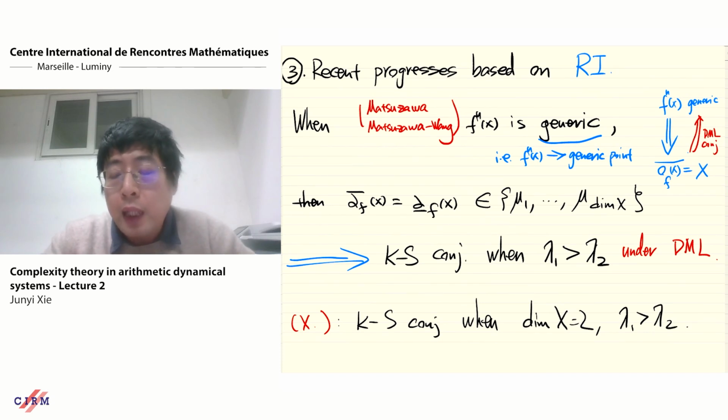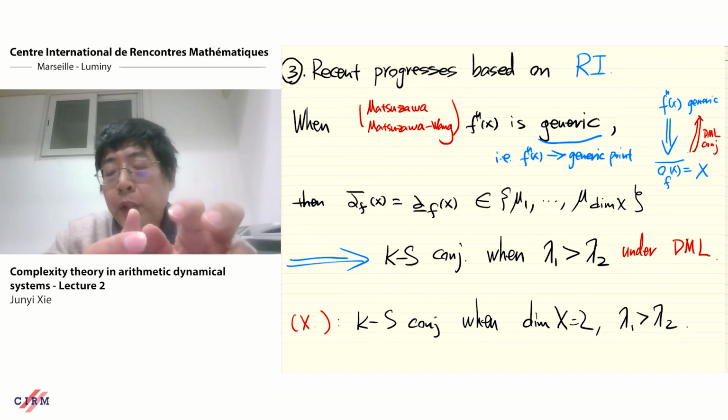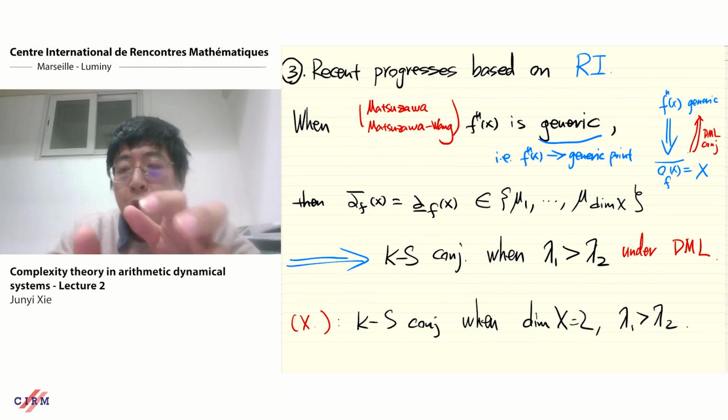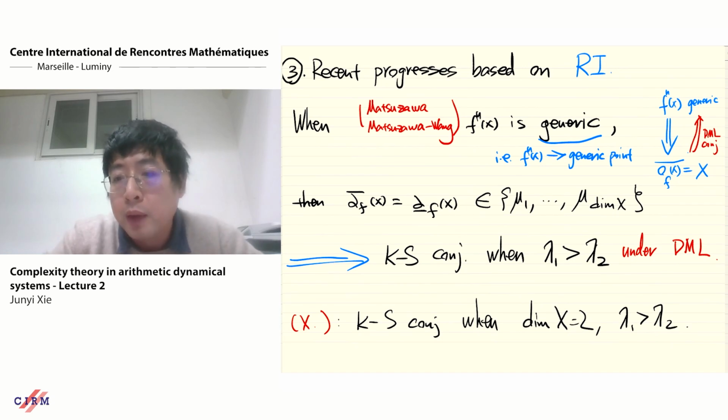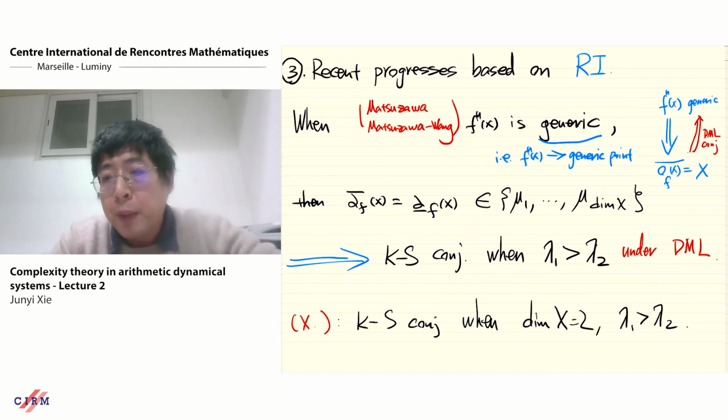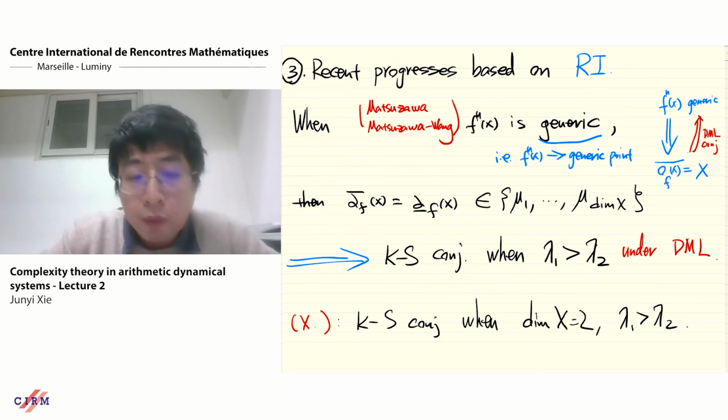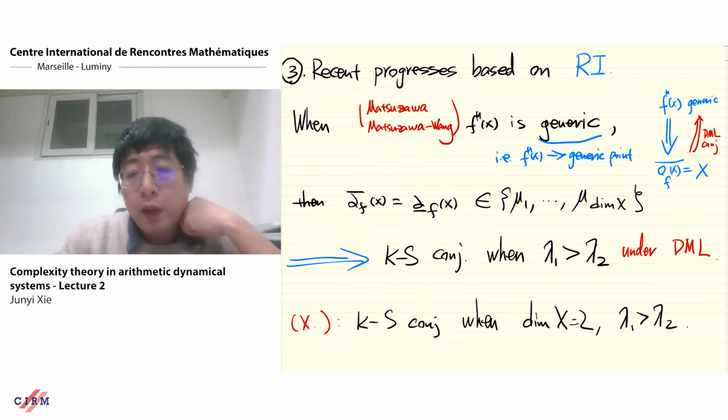Because if lambda 1 is strictly larger than lambda 2, it means that this mu1 is strictly larger than 1, but mu2, mu3, all other cohomological degrees are strictly less than 1. But by definition, the arithmetic degree is always larger or equal to 1, so it can only take the value lambda 1. So you get the Kawaguchi-Silverman conjecture. Here you remember mu1 and lambda 1 are the same.